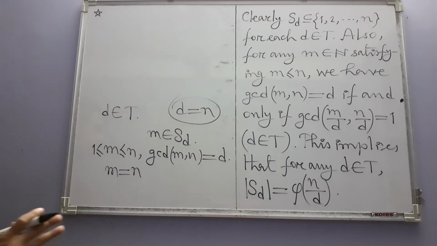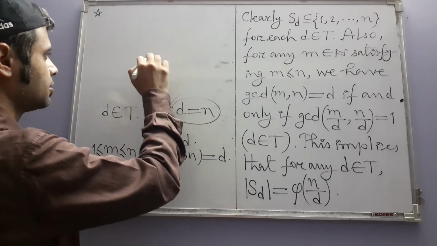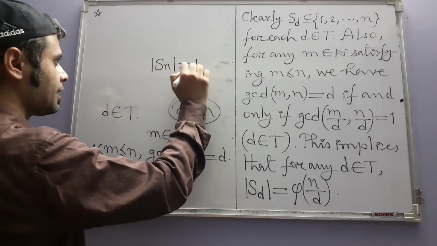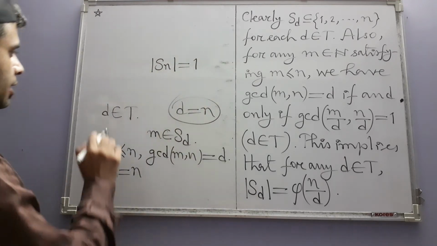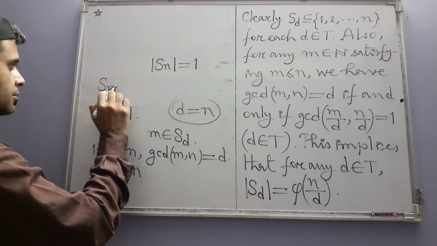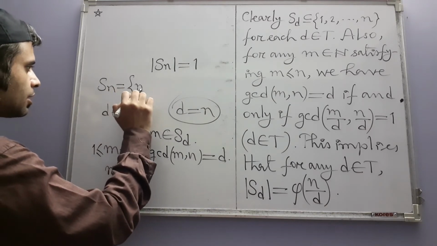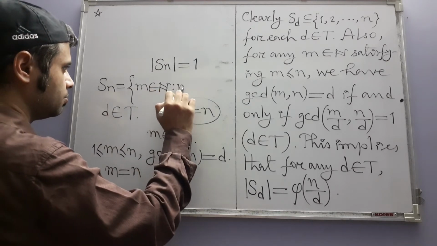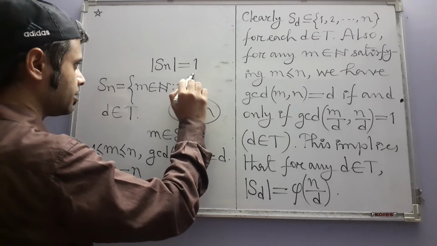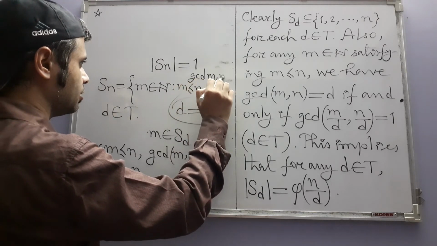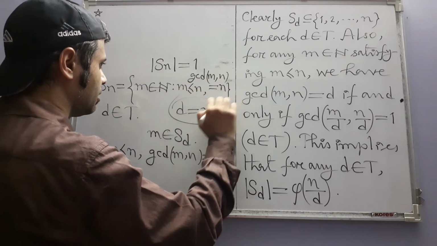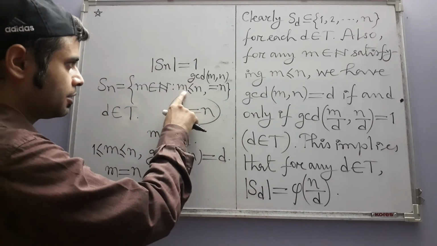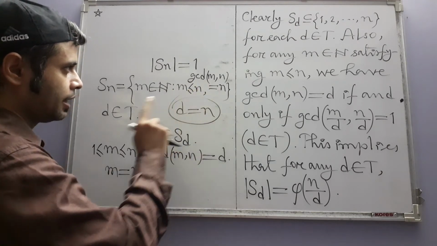So that is a special case, and in that special case, what do we see? We see that this has to be equal to 1. And why is that? Because if you look at the set S_n, you see that the GCD of m and n has to be equal to n, and this is possible along with this inequality only in the case when m is equal to n.